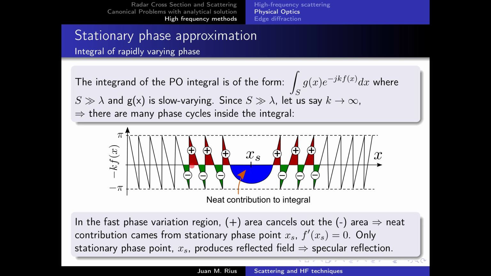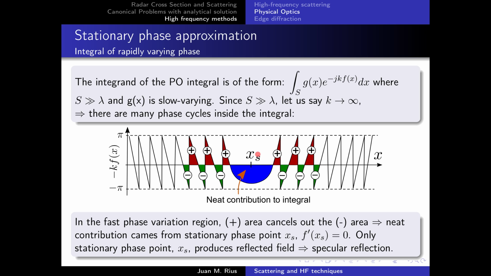So we have positive phase, negative phase alternating very fast, and the positive parts cancel the negative ones because the amplitude of the induced current G is slow varying, so it is approximately the same in the positive and negative parts of the phase, allowing the cancellation. So the integral would be 0, except from the fact that there is some region where the phase is stationary.